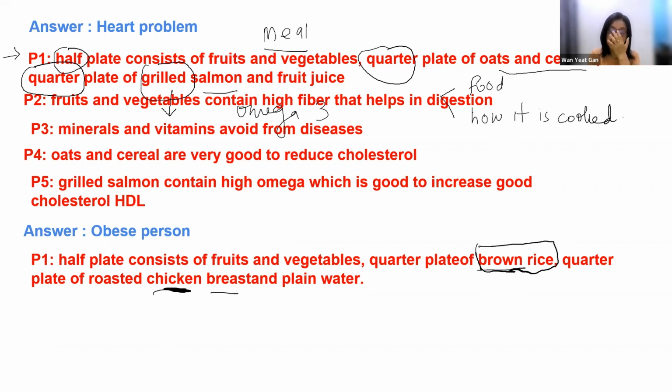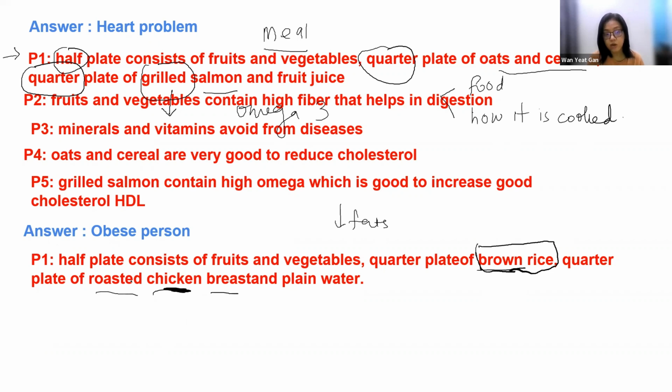Breast meat contain more lean meat. There's less fats. We're trying to reduce fats, okay, in the patient, and the manner in which to cook it, probably the best is roast.